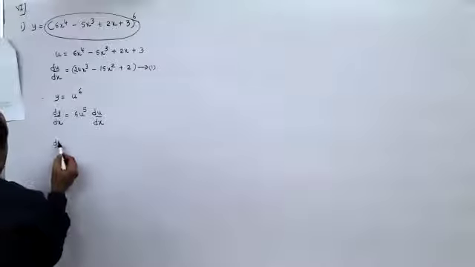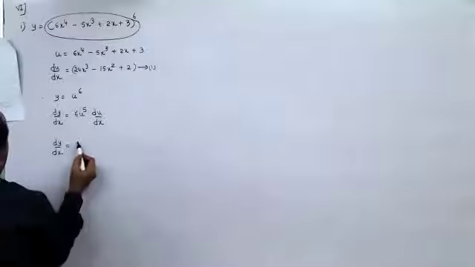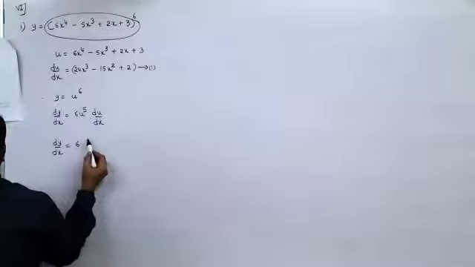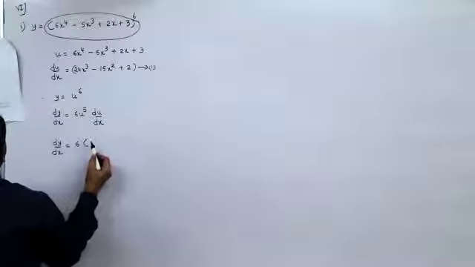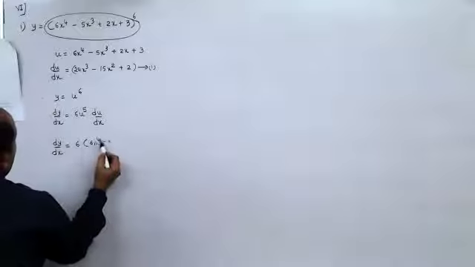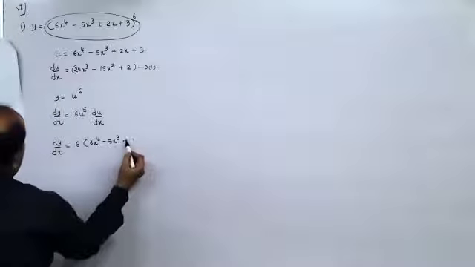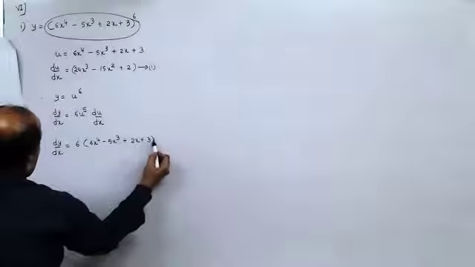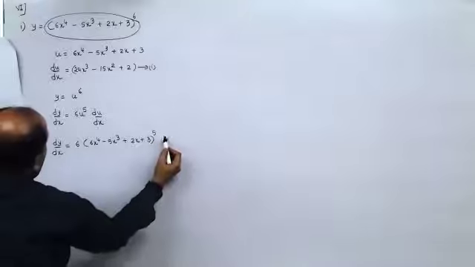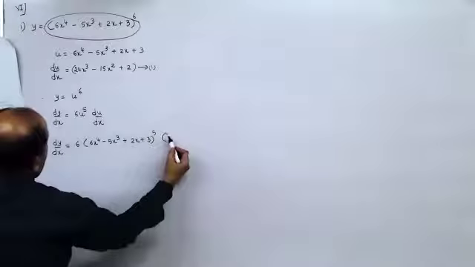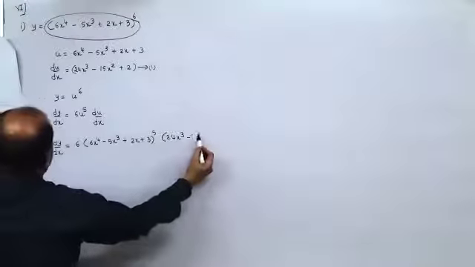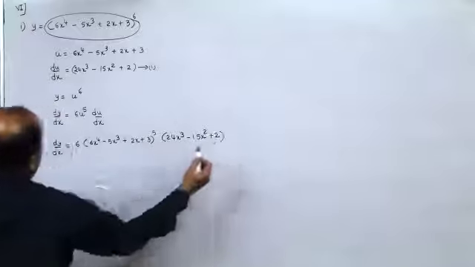So they'll say dy by dx equal to 6 into u, they'll use this entire term. They'll say it is 6x raised to 4 minus, it is a pain actually, 2x plus 3 raised to 5, and derivative of this would be 24x cube minus 15x square plus 2.